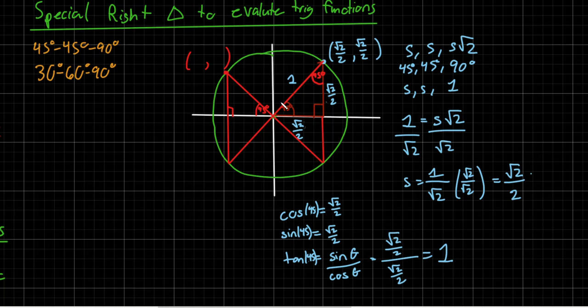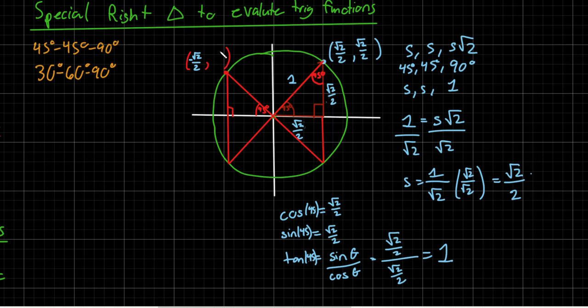Is cosine positive or negative in this quadrant? Negative. Yep. So what is cosine? Square root of 2 divided by 2, negative. Great. Now, sine is what? Is sine of theta the x or y coordinate?